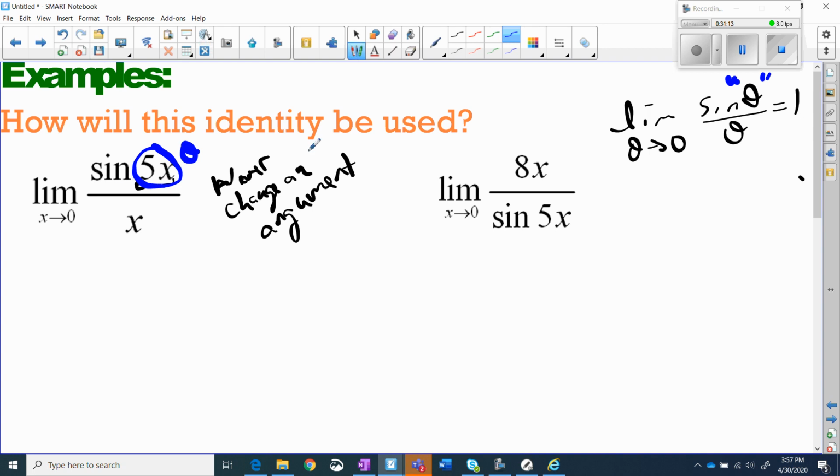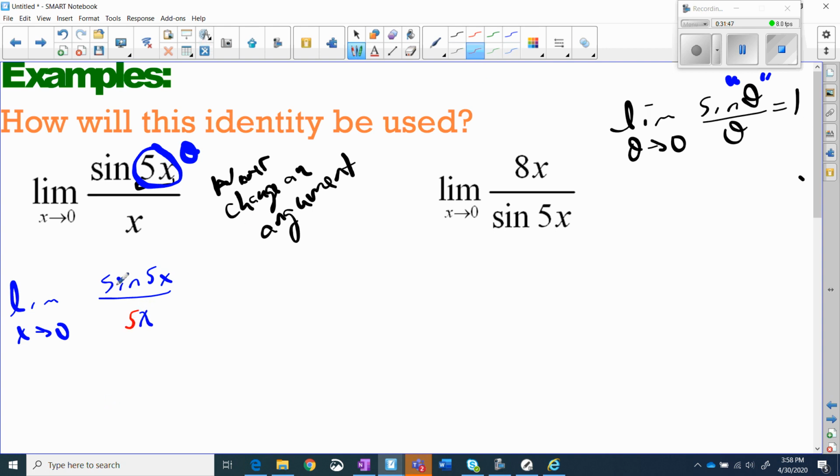If I wanted this property, sine theta over theta, and I'm saying theta is 5x, I would like the denominator here to be 5x, because if I have sine 5x divided by 5x, that'll be this property right here. I'm going to be able to replace it with just the number 1. Well, what we do is, as x goes to 0, remember, don't touch the trig ratio, leave it alone. But this one, you're going to be able to make some mathematical adjustments to. Look at that.